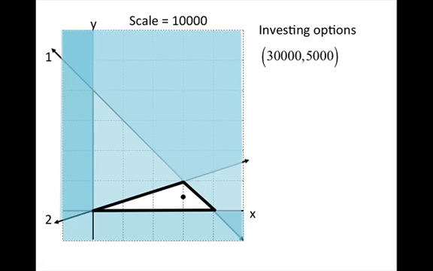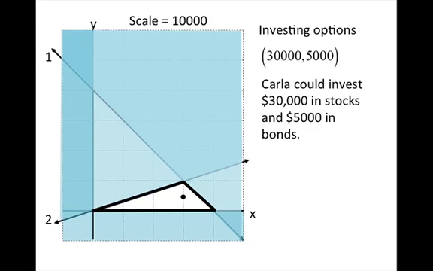Well, remember, X was the amount that Carla invests in stocks, and Y was the amount Carla invests in bonds. So this means Carla could invest $30,000 in stocks and $5,000 in bonds. That combination fits her restriction. If I add them together, it's less than $40,000. So she has invested up to $40,000.